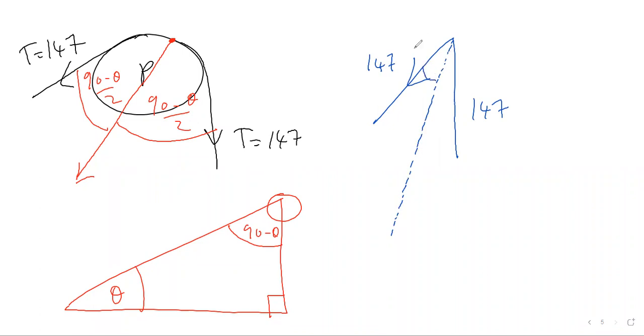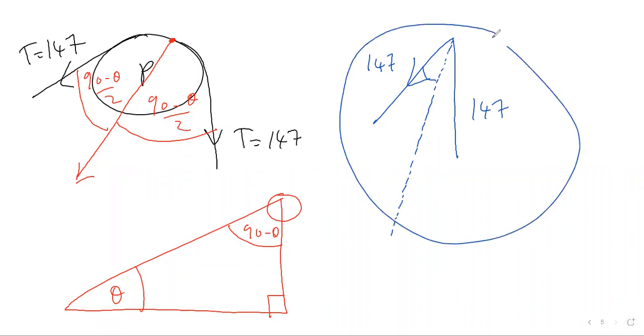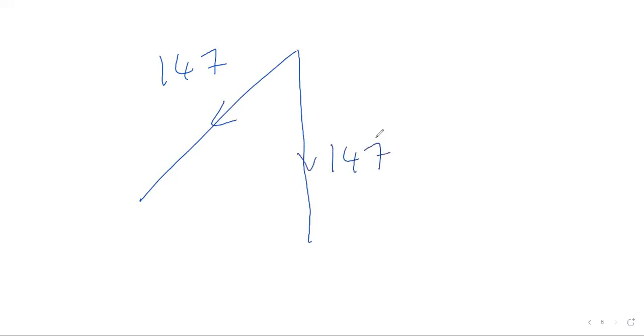So let me go to a new page and copy this diagram. We've got 147 newtons going down like that, another 147 newtons going down like that, and we split the angle into a half. So again, 90 minus theta over 2 there, and 90 minus theta over 2 in here.